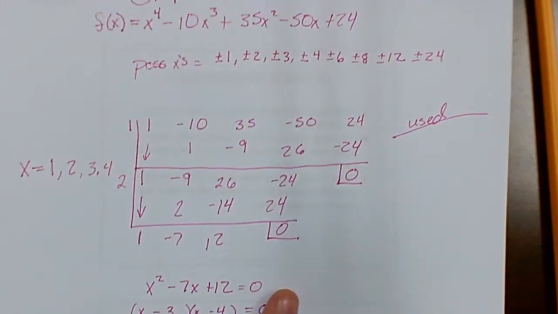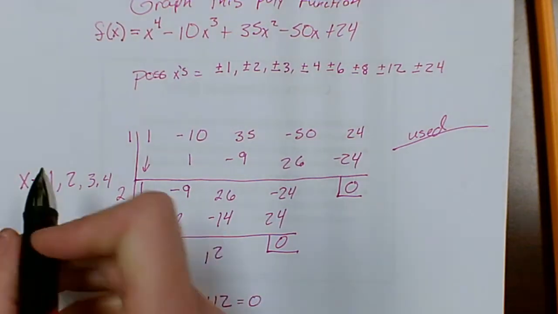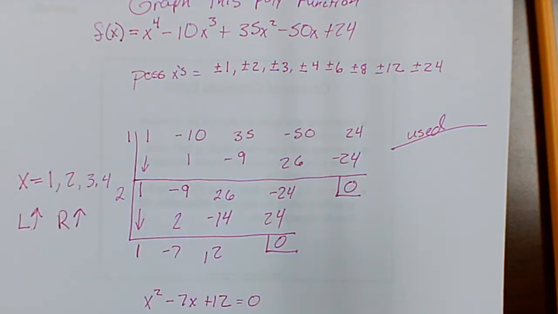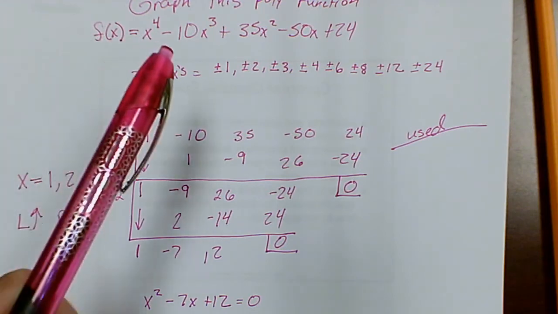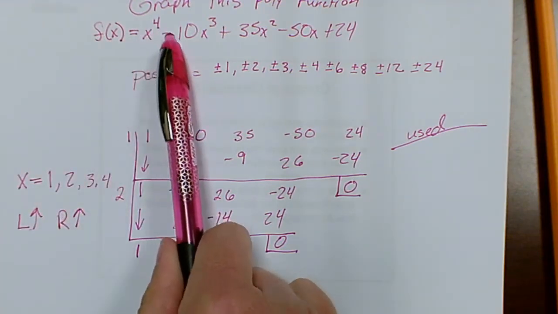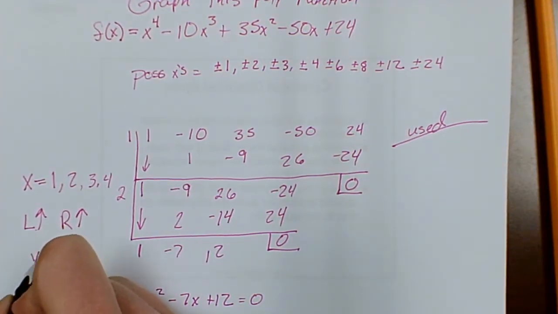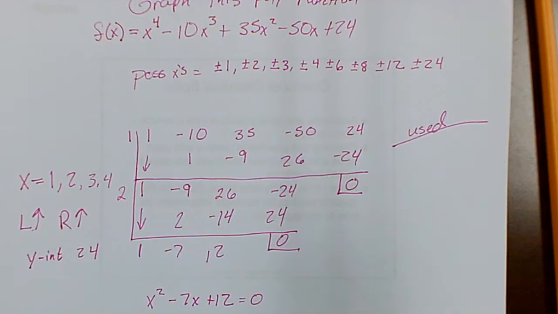So the values that will make y 0 are 1, 2, 3, and 4. Your left and right will go up. We have a positive value, so our right's going to go up. Even exponent, so our left's going to go up. And then our y-intercept is going to be all the way at 24.